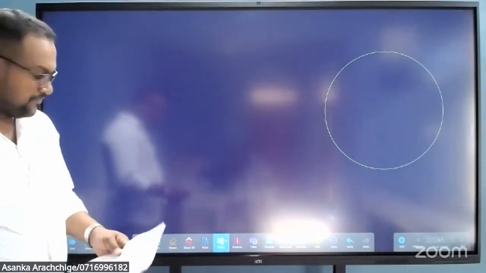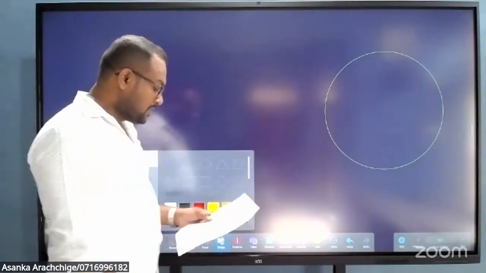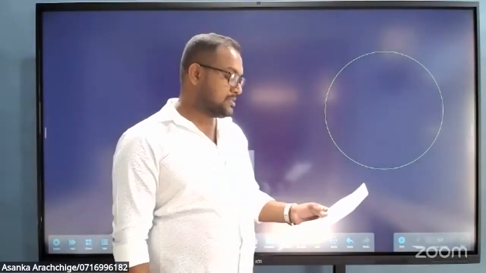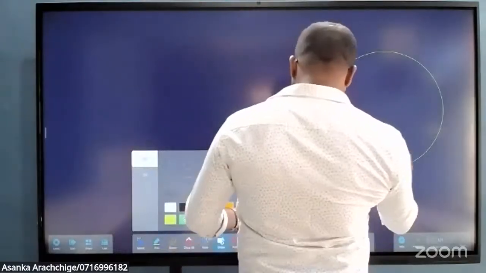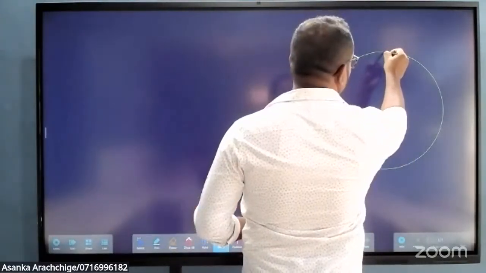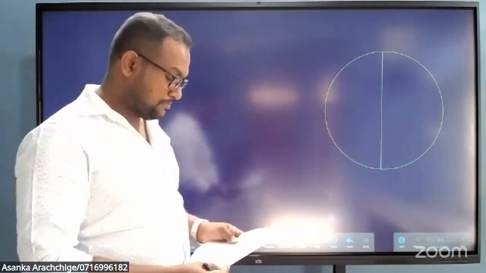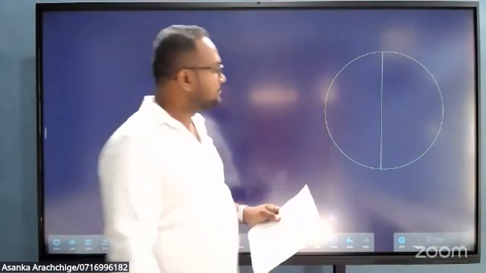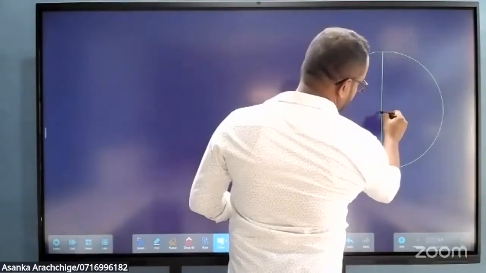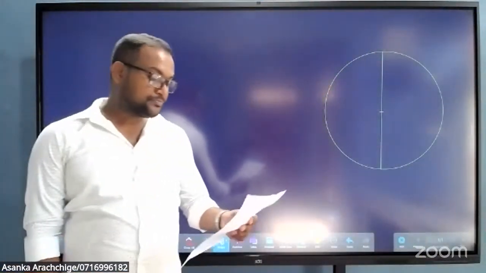In the given figure, AB is a diameter of the circle with center O. I mark the center somewhere like this.